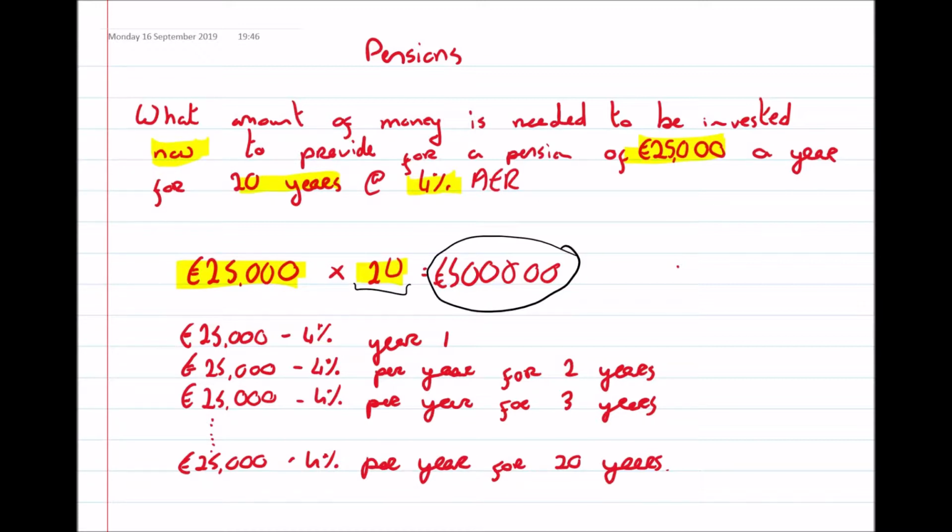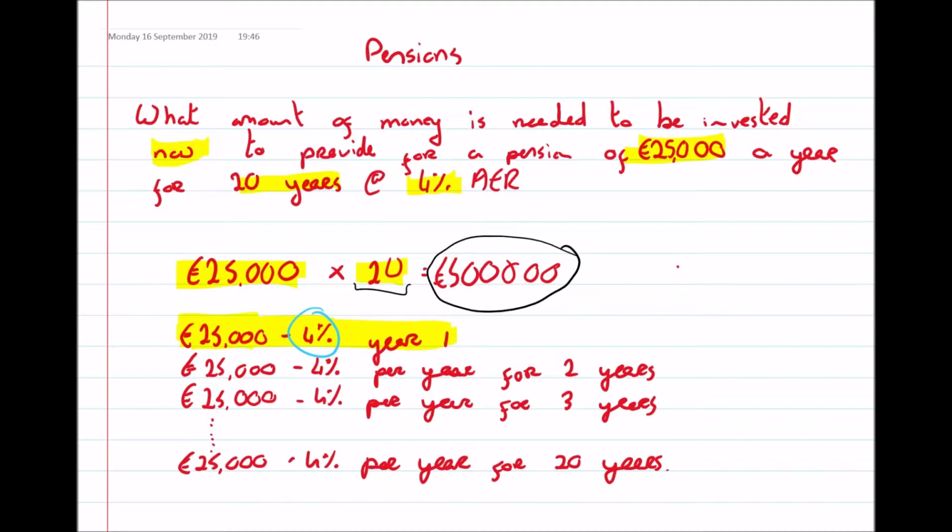So for instance, if we just take 1 year, how much would I have to invest in year 1 in order to have 25,000 at the end of that year? I wouldn't have to invest the full 25,000 because it's going to get 4% interest. So what I would have to invest is 25,000 minus the 4%, which would be 24,000.